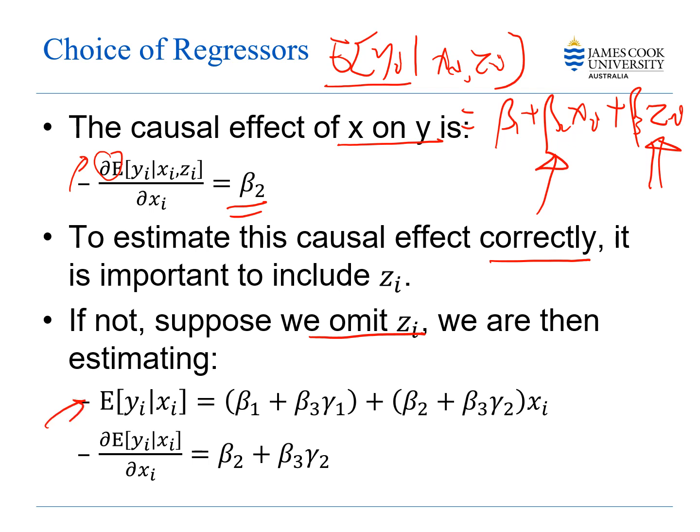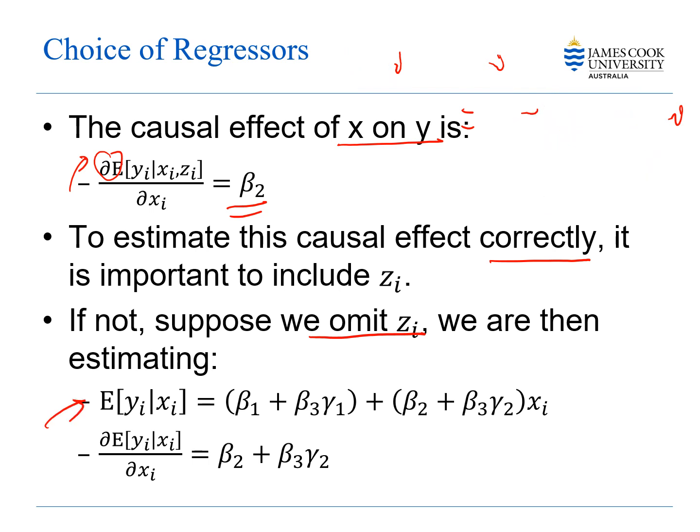Then we are estimating this. Okay, let me write out the two models. yi is beta 1 plus beta 2 xi plus beta 3 zi plus ei. So conditional on xi, we now omit z, we ignore z.